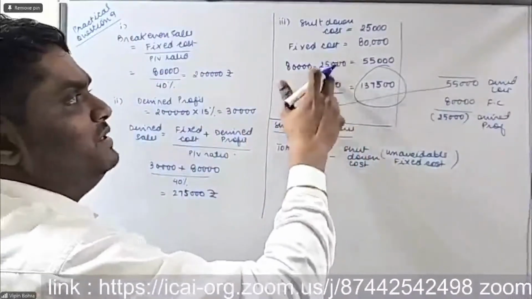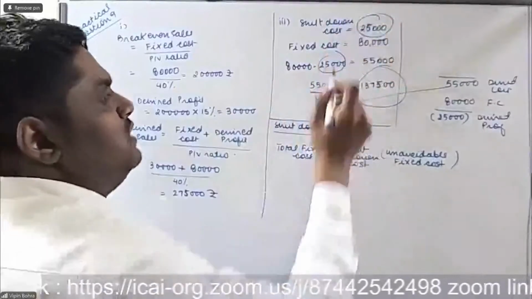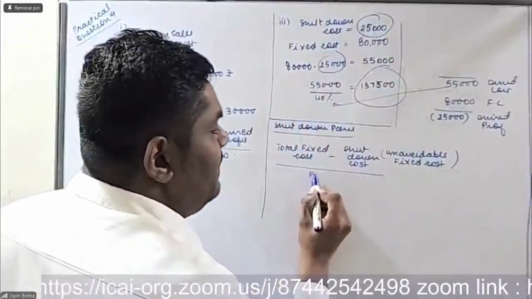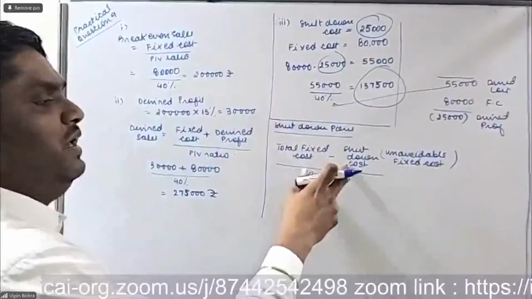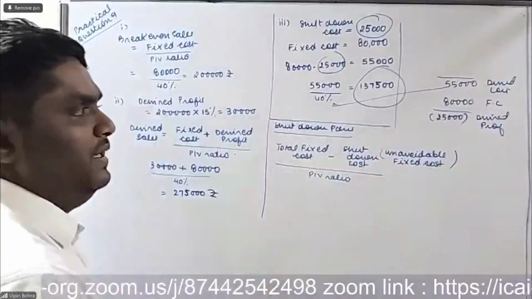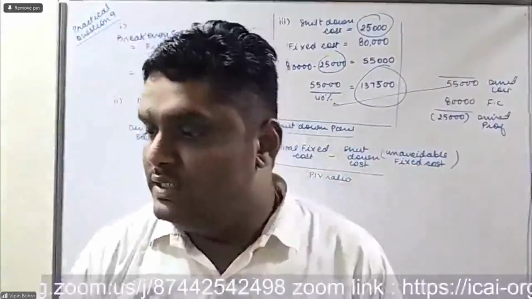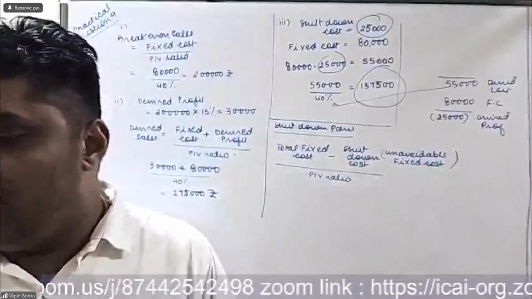Herein 25,000 was the unavoidable fixed cost or shutdown cost, divided by my PV ratio. So 80,000 minus shutdown cost or unavoidable fixed cost, divided by my PV ratio. So this is the concept behind shutdown point.